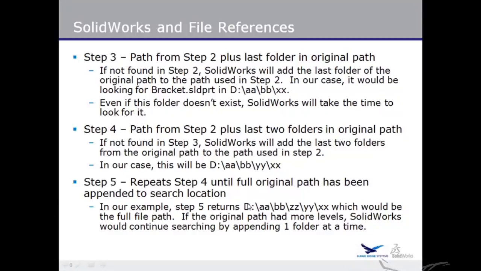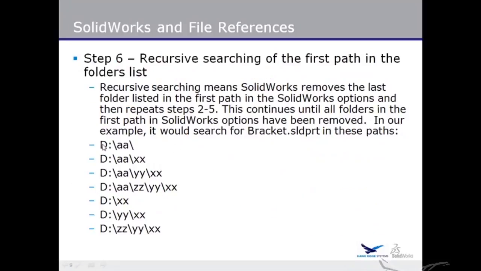So remember, step 2 was DAABB. It's going to go back to that, and it's going to start recursively searching through it, which means it's going to remove BB. So it's going to search in DAA. And the recursiveness of this means that it's going to start just stepping back up through that folder structure one more time until you have the path completely removed from the file locations list.